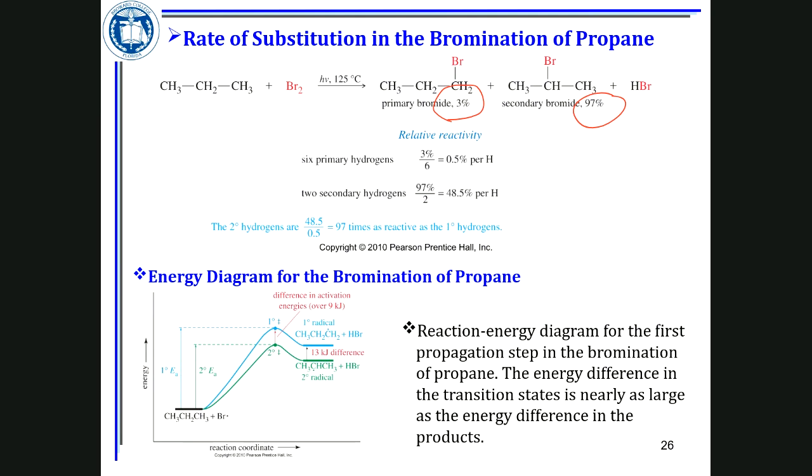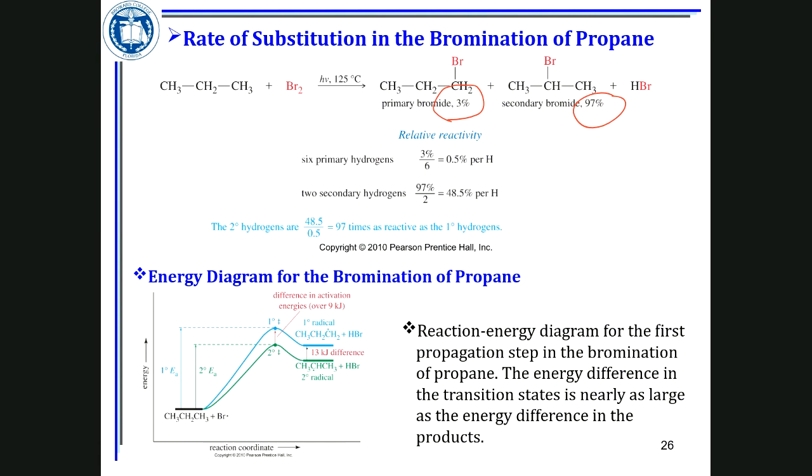It means that for bromination the difference between primary and secondary is a lot more significant, and that translates to bromination being more selective. More selective toward what? More selective toward formation of the product, when you have the choice of going for primary or going for secondary.